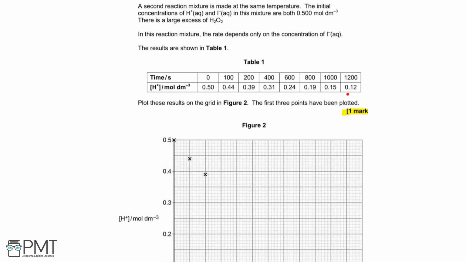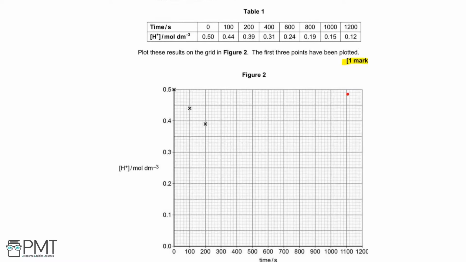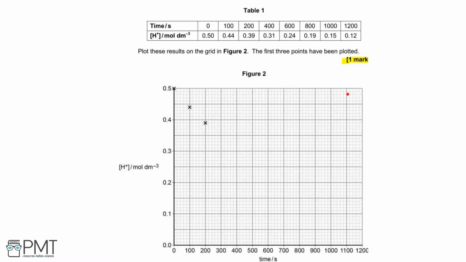in order to get that 1 mark. So scrolling down to view the table, we can see that our first 3 points have been plotted along here, and so we need to start with these ones. To begin with, we've got 400 and 0.31, so we have 400 here, 0.3 is there, and as there are 10 small squares over a gap of 0.1, we have 0.01 being one of the small squares. So that means our first point is going to be here.